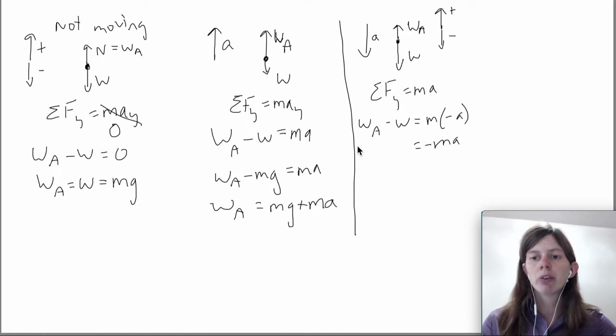And so many students that I've seen, they forget to put that negative here. So when you solve for WA, you're going to get W minus ma, or mg minus ma. So we can see that you feel lighter when it's accelerating downward. Your apparent weight is mg minus ma.